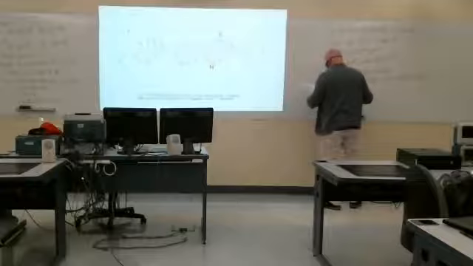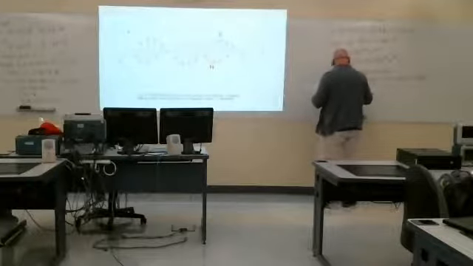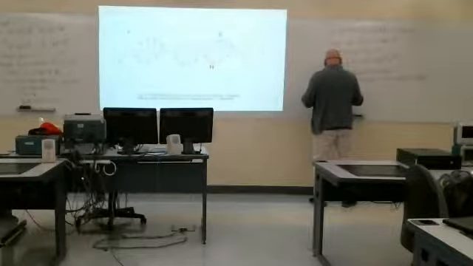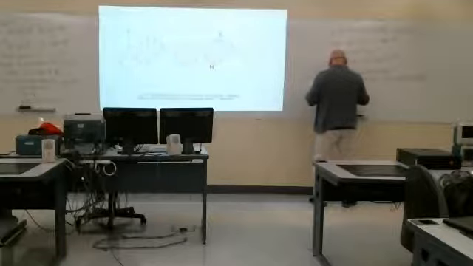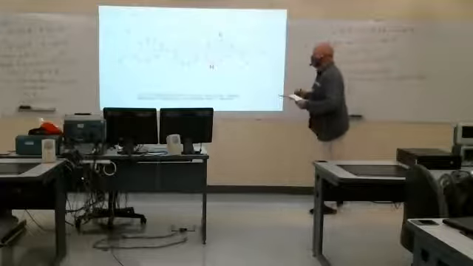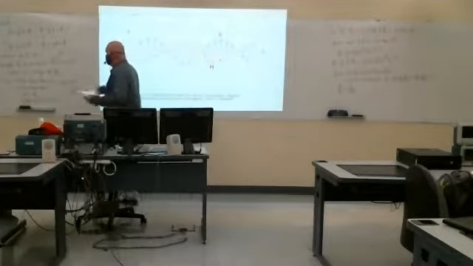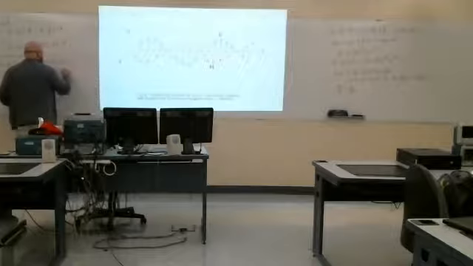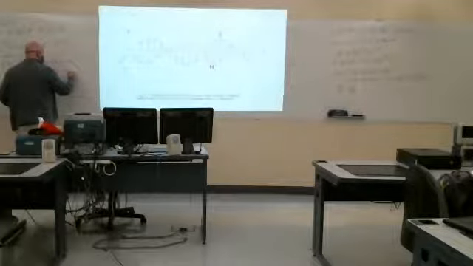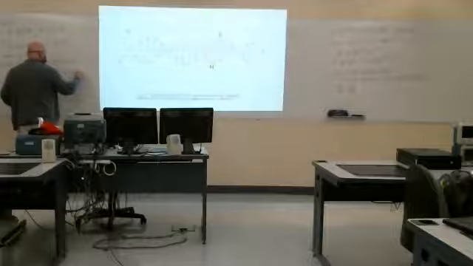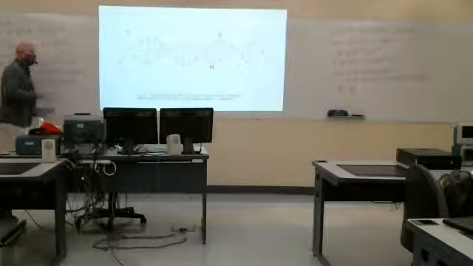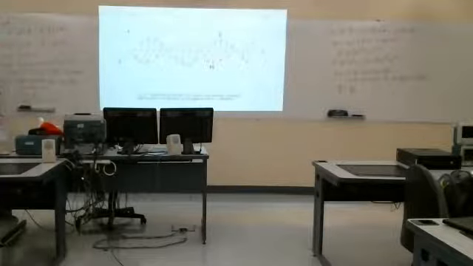So let's see. And then 10 over eta is 10 over 377. I don't think I put that down over here, but in the problem statement I should have indicated this is free space. So the intrinsic impedance is the intrinsic impedance of free space, which is 377 ohms.